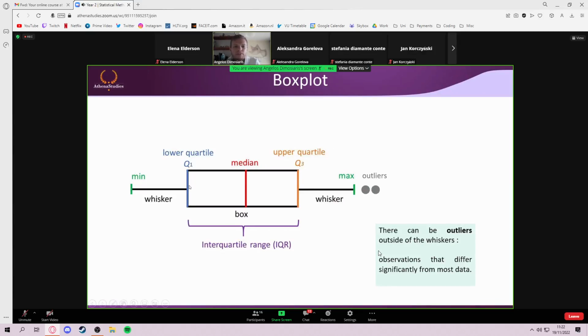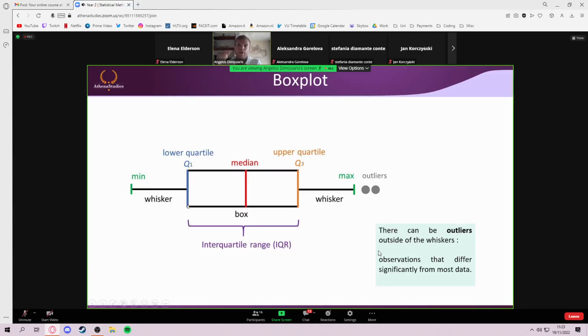So this blue line refers to the lower quartile, or Q1. This is the value of the 25th percentile. So if we divide our sample into four parts, in five different percentiles, this is the minimum, the 0 percentile, and this is the 25th percentile.